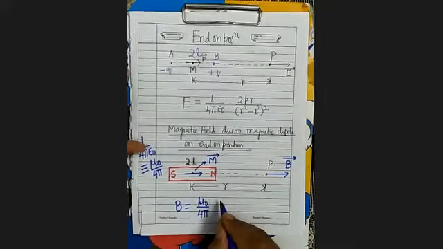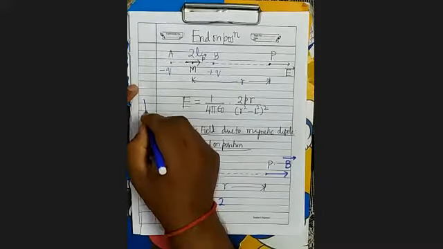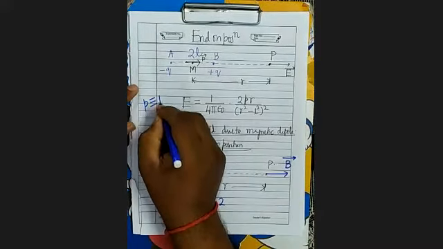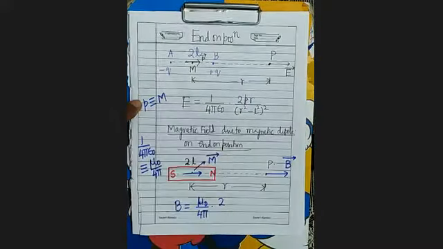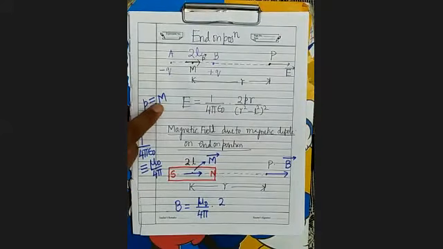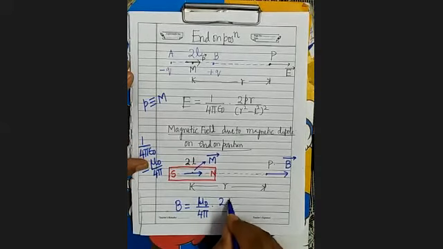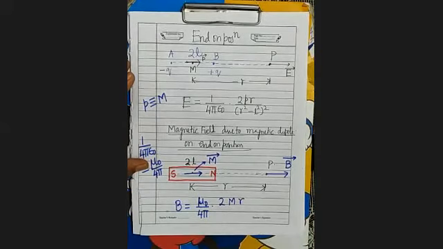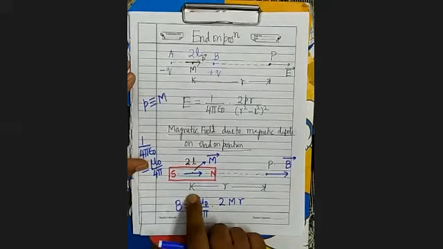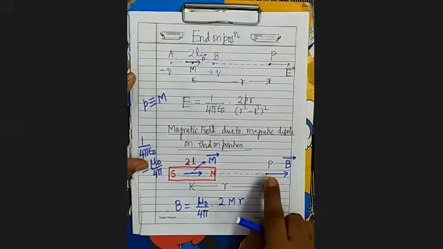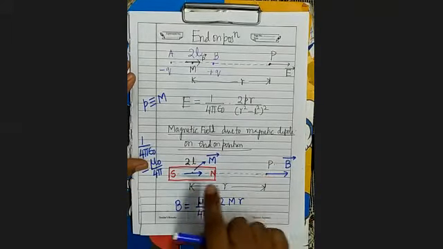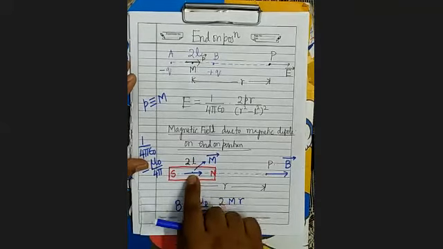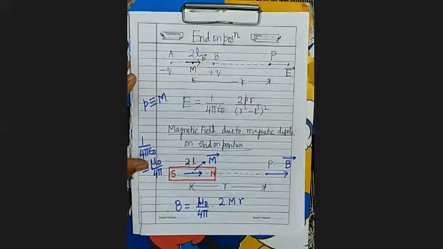Then 2. In place of P, you already know which one is the equivalent term. इलेक्ट्रिक डाइपोल मोमेंट के इक्विवेलेंट क्या टर्म है? मैग्नेटिक डाइपोल मोमेंट, that is 2mr. It's clear. R is what? It is the distance of that point at which magnetic field is required from the center of dipole. Same thing here.